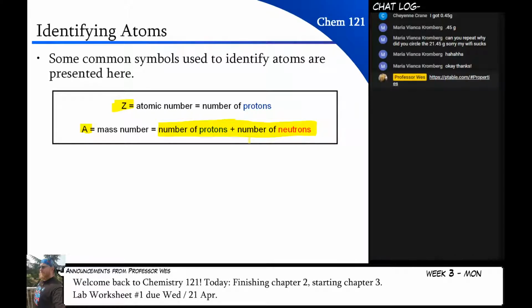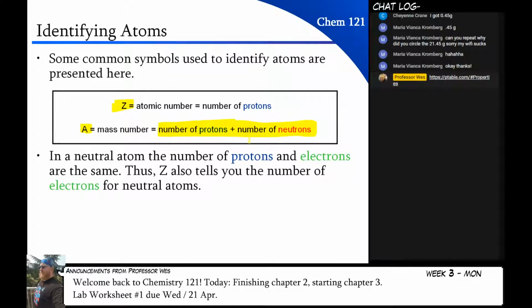And that's why we call it the mass number, because the protons and the neutrons make up the mass of the nucleus. If I only included the neutrons, I would not have the entire mass. I would only have the number of neutrons, okay? So be careful when we're using these numbers.